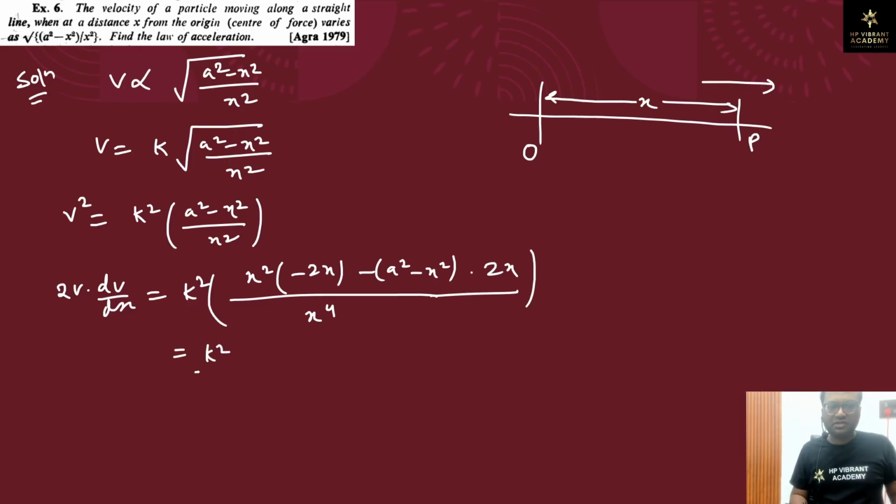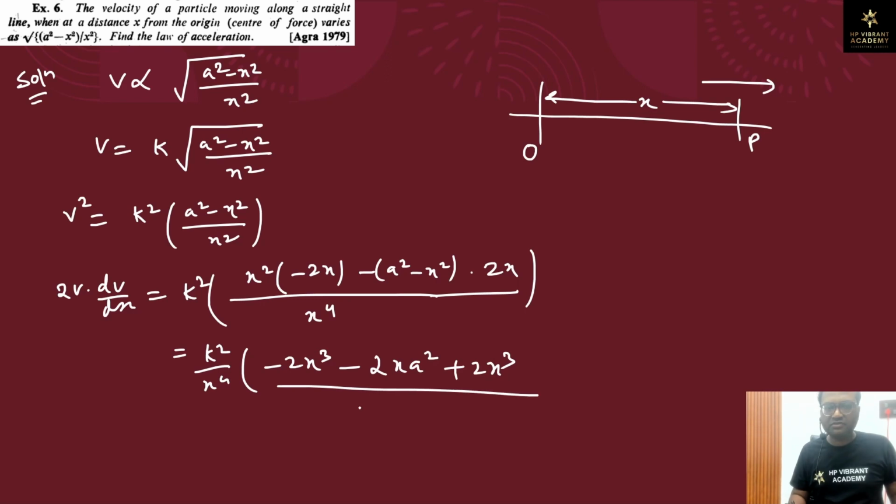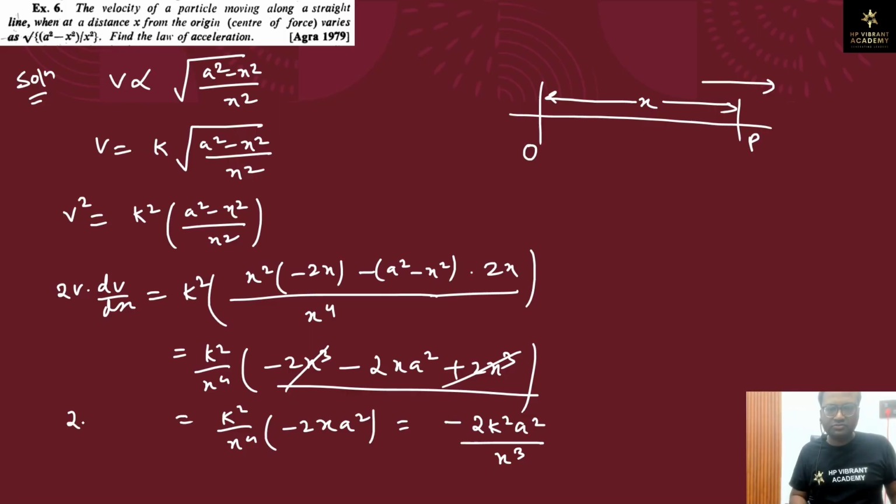So we have this as k square upon x4 into minus 2x cube minus 2xa square plus 2x cube. This gets cancelled. So we have k square upon x4 into minus 2xa square. This is equal to minus 2k square a square upon x cube. This is 2v dv upon dx. So from here we have v dv upon dx is equal to minus k square a square upon x cube.